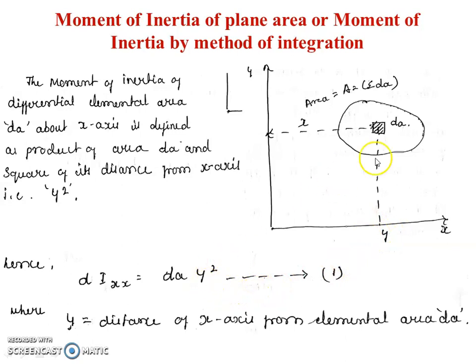Here dIxx is the moment of inertia of the small elemental area with respect to the x-axis, which is equal to the area of the small elemental area, that is dA, multiplied by the perpendicular distance square, that is y square. Here d is the differential element. This is called equation 1.